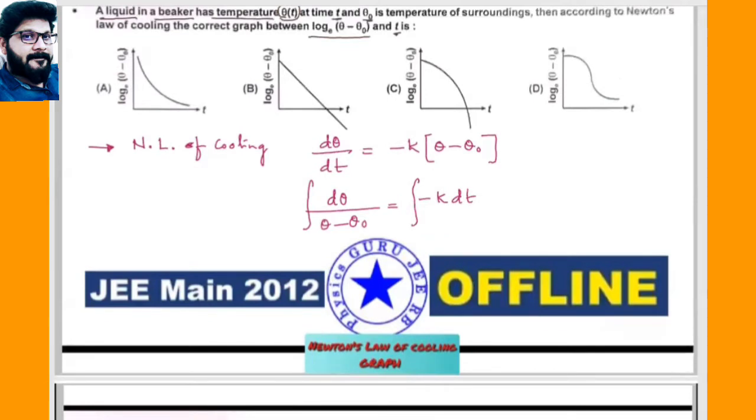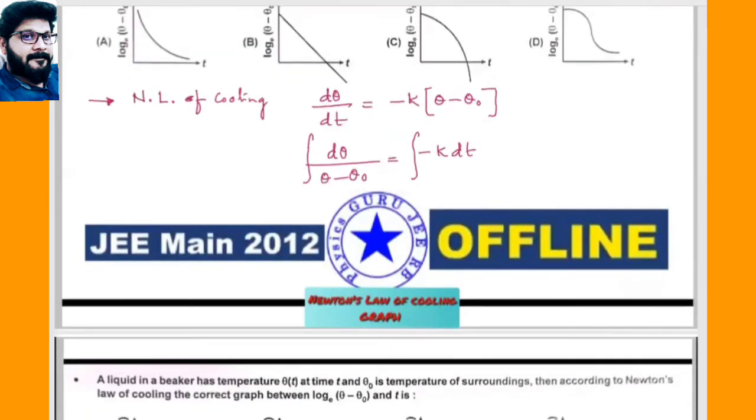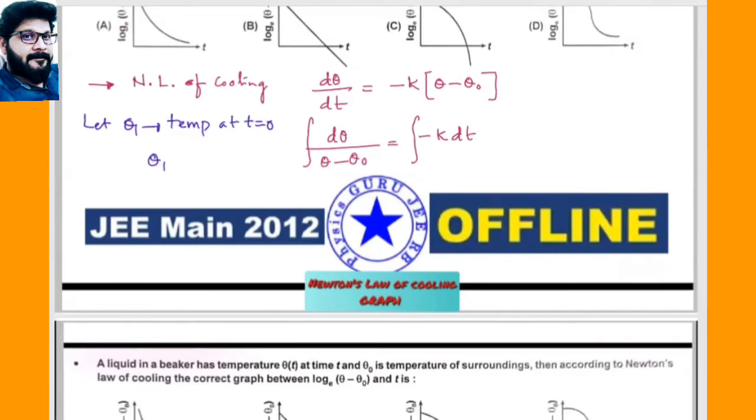So the only process we have to do is integration. Integration to be done from where to where? Let theta 1 be the temperature at t equal to 0. Here let me take theta 1 greater than theta naught.